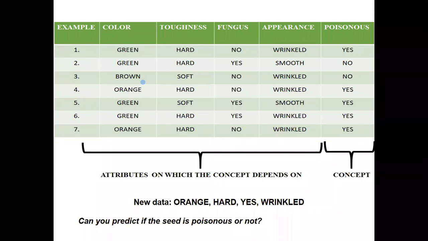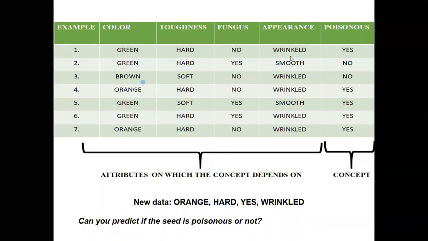It's a data set of a herb classification wherein each of these other columns represents some features of the herbs like color, toughness, fungus, appearance. So these are the features, or we also call them as attributes.